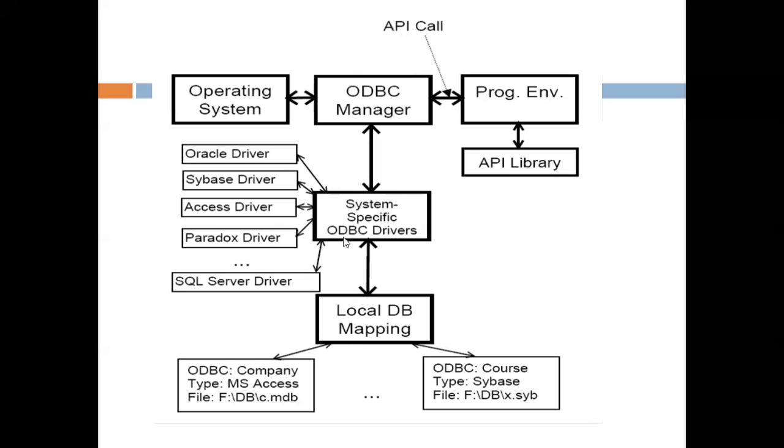These system specific ODBC drivers will have the driver for different DBMS softwares. For example, a separate software for Oracle driver, Sybase, Access, Paradox, SQL Server driver, maybe MySQL driver. These are the different databases: Oracle, Sybase, Access, Paradox, SQL Server. For all of them, the drivers will be present in the ODBC.